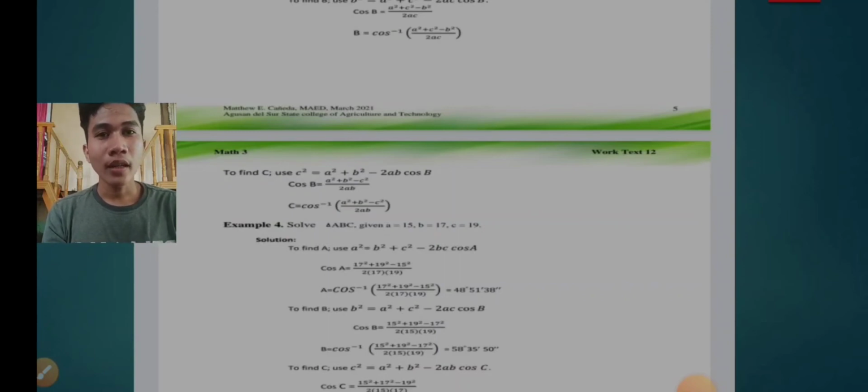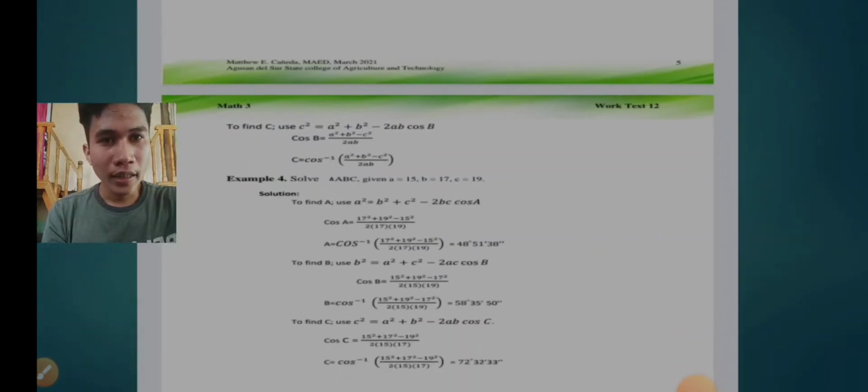Based on the calculator, the result is 41 degrees 51 minutes and 38 seconds. Then to find angle B, use b squared is equal to a squared plus c squared minus 2ac cos B. So cos B is equal to 15 squared plus 19 squared minus 17 squared over 2 times 15 times 19.